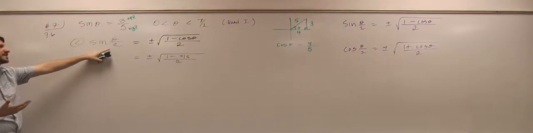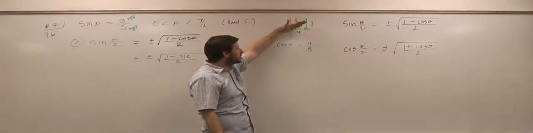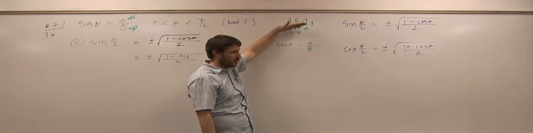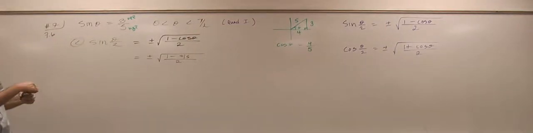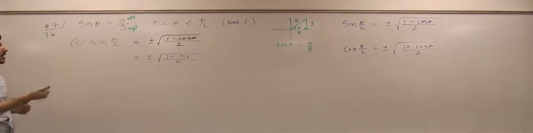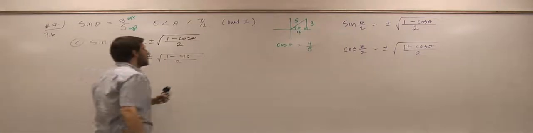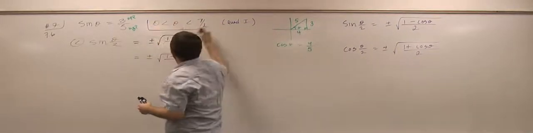Hopefully the plus or minus is kind of obvious in this case, right? Because you're in quadrant 1. So if theta is in quadrant 1, if you take half of that, you're still in quadrant 1. But in general, like in the case that we have in the next example, you're going to want to be able to analyze this from the original inequality here.